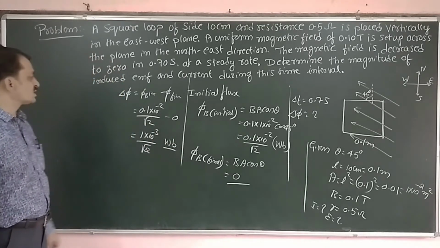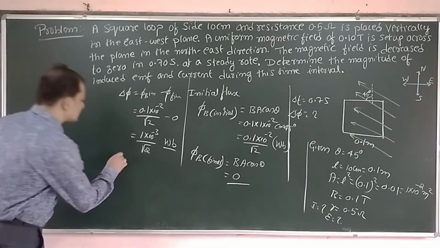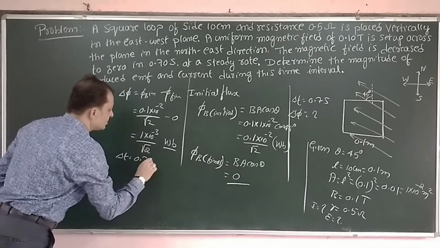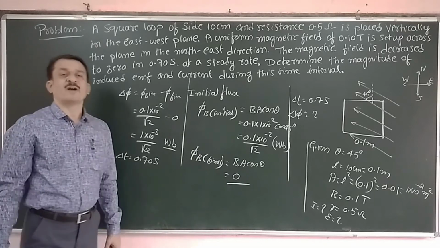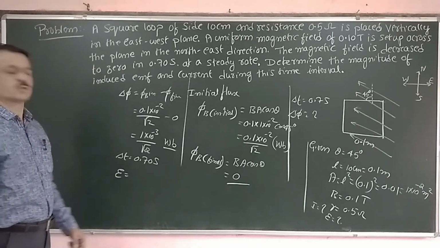This is the change in flux. Now what is the time taken to change this flux? That is delta t, that is given 0.70 seconds.